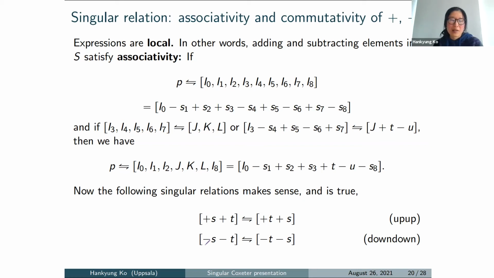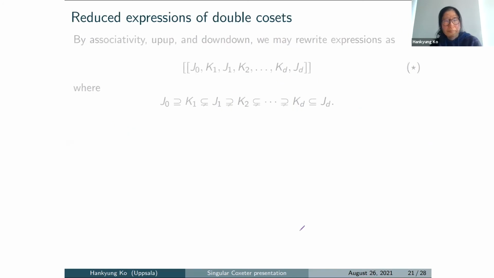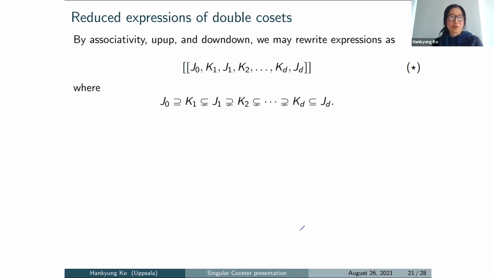And similarly, if you take minus S minus T, wherever it happens in an expression written in this notation, you can replace it by minus T minus S and get the same parabolic double coset. That is called down down. So now we have associativity, the up relation, and the down down relation.